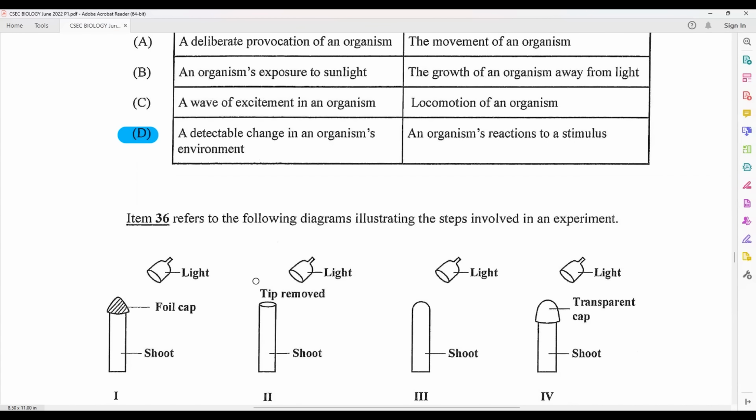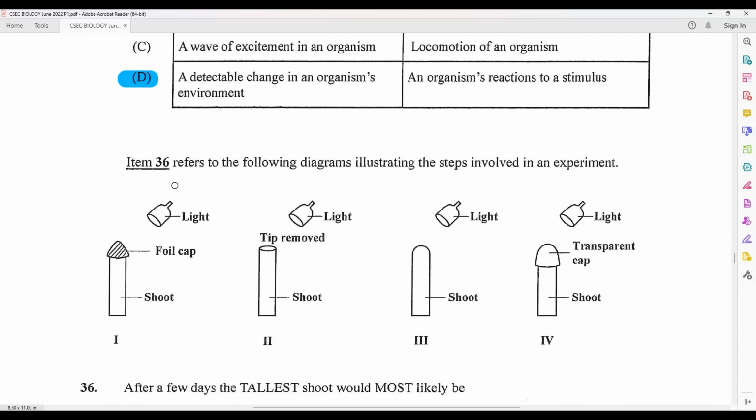Item 36 refers to the following diagrams, which illustrate the steps involved in an experiment. All of them have light, all of them have a shoot, and the tip of the shoot is changed. So we have a foil cap on 1, the tip removed on 2, nothing happening on 3, and a transparent cap, which really puts it the same as 3, because transparent means it is see-through.